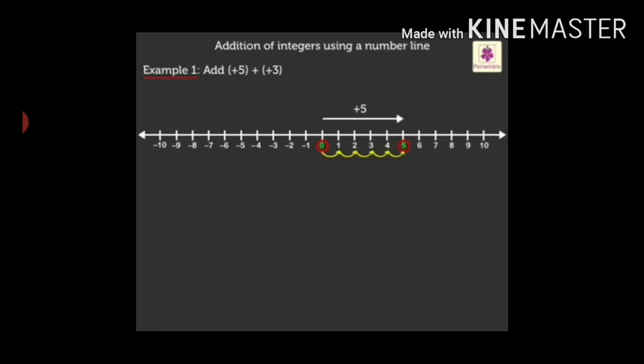Now, move 3 places to the right from positive 5 and reach positive 8. Look, we found the answer. Yes, it is positive 8. Hence, positive 5 plus positive 3 is equal to positive 8.